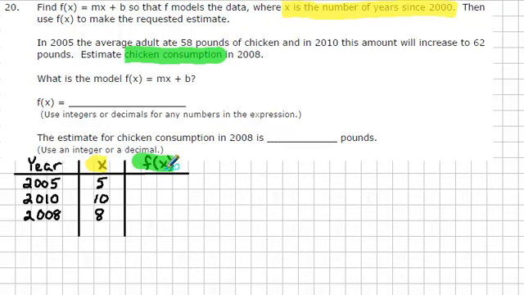In 2005, the chicken consumption was 58 pounds. In 2010, this was expected to increase to 62 pounds. And our goal is to estimate chicken consumption in the year 2008.